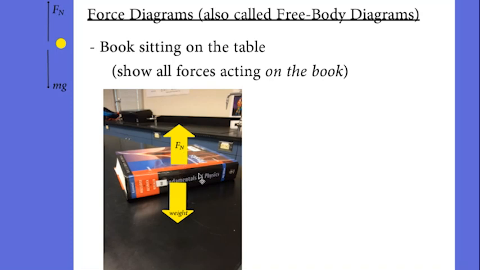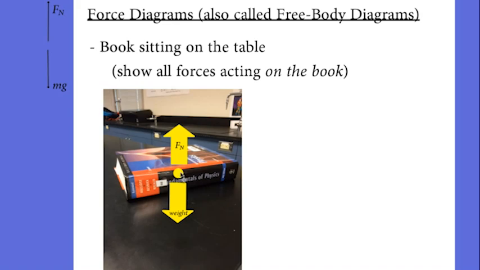Okay, so it's oftentimes too much trouble to draw a picture of the whole book or the whole object that we're talking about. So usually what we do instead is we just pretend that the forces are all acting on the object's center of mass. We know that weight is pulling down on all parts of the book, and the table is pushing up on all parts of the book. But we'll summarize these forces as being equal to a single force acting on the object's center of mass.